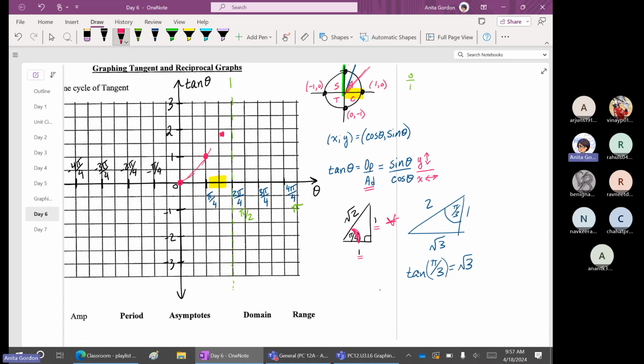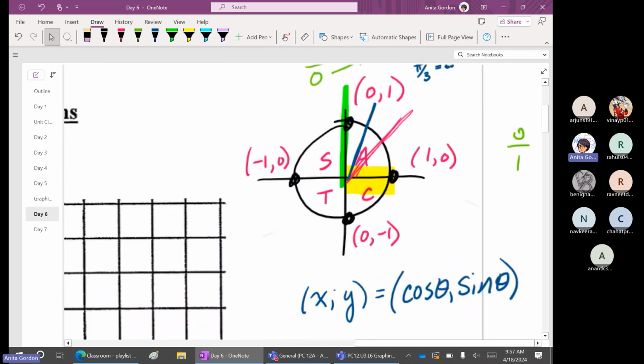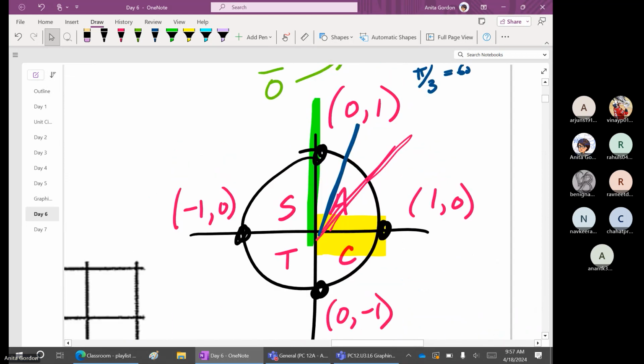So I have a graph that's going to approach the asymptote in the positive direction. As I get closer and closer, think of this tangent as the slope. That slope is getting steeper and steeper, bigger and bigger. So it's approaching infinity as I get closer to that vertical asymptote. Can't touch it, but I can get really close.